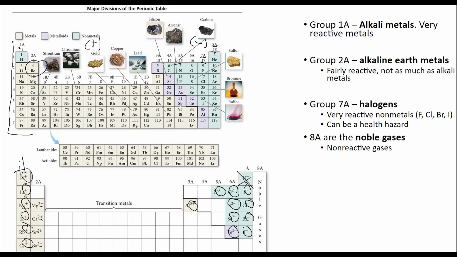So what I want you to know from this, make sure you know those groups. So if I say in class halogen, alkali metal, you should know what I'm talking about on the periodic table. You should know their general reactivities. 1, very reactive. 7A, very reactive. 2A, reactive, not as much as the other two. Noble gas is not reactive.